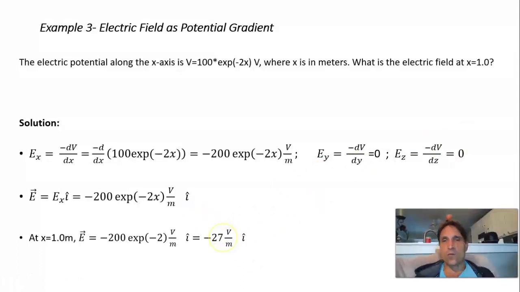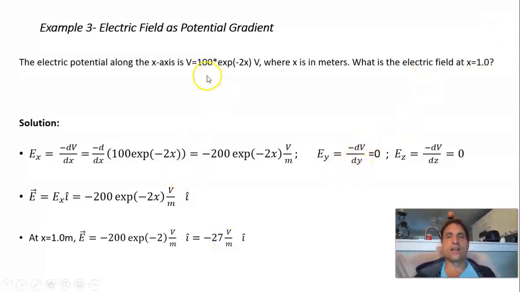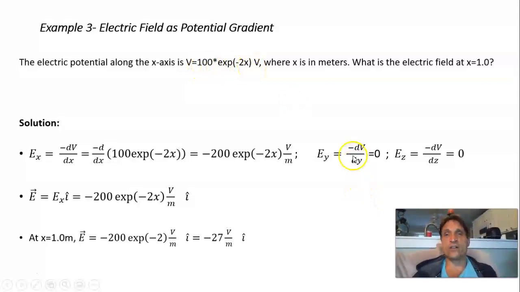Now we can calculate Ey. Ey is equal to negative dV/dy, but V has no dependence on y, so if you take the derivative with respect to y, it's just 0, so Ey is 0. Ez, the z component of the electric field, is negative dV/dz.